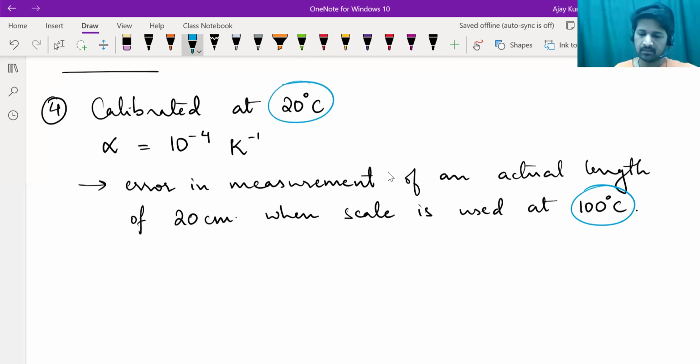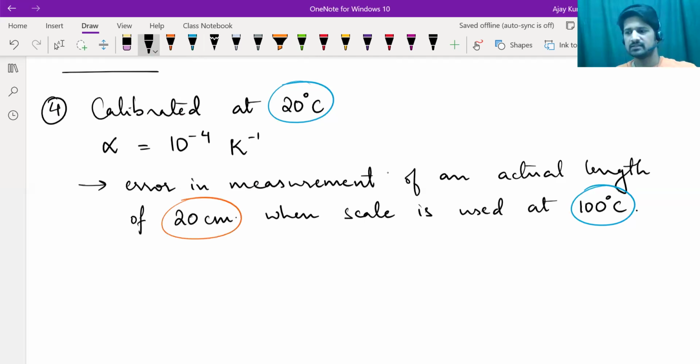Let it be. So at 20 degrees, the markings will be correct. At 100 degrees, obviously they would expand. So if you can find out how much each centimeter expands, then you will get the new unit. And when you know the new unit, you can tell how many new units fit in this length of 20 centimeters. That's the idea.